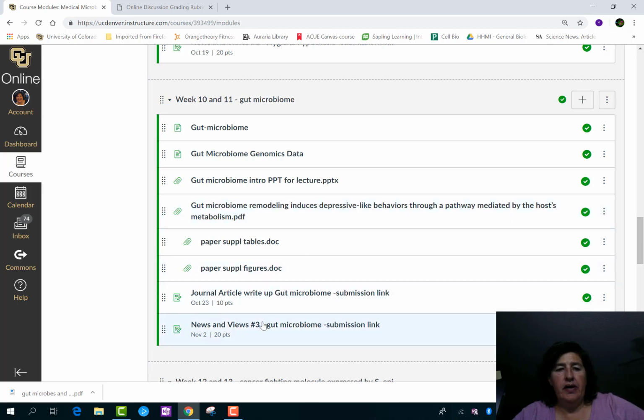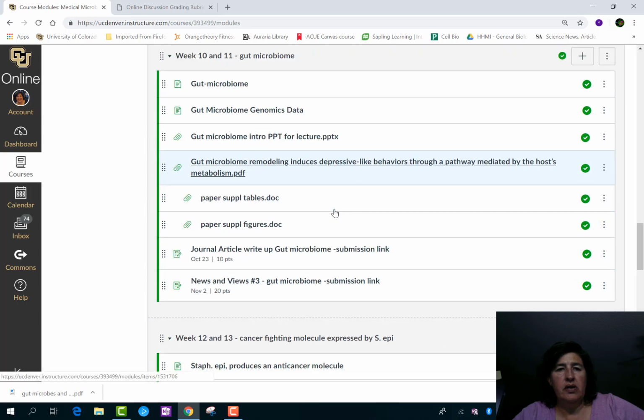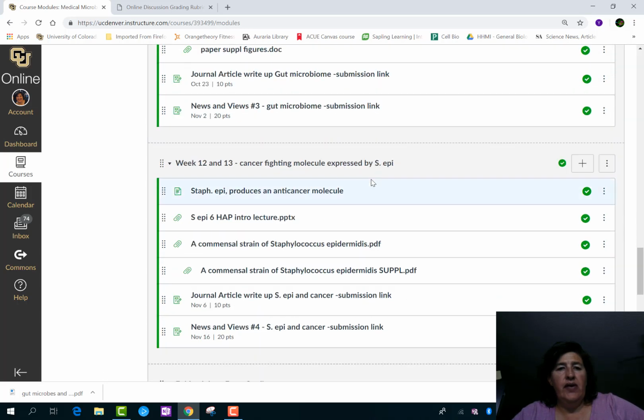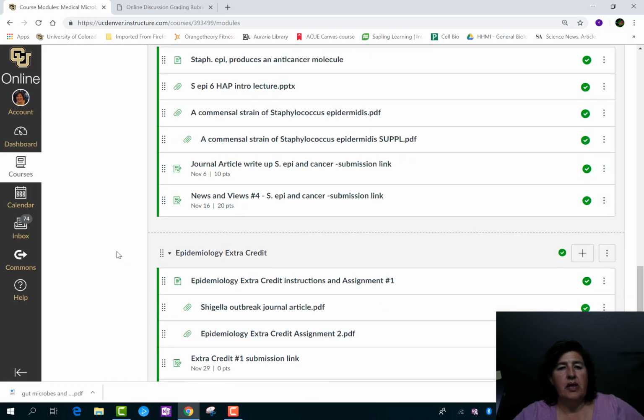Again, journal article write-up, news and views, intro lecture, and then finally we're going to read a paper about Staphylococcus epidermidis and how it's producing a compound that might be an anti-cancer molecule. Journal article write-up, news and views.